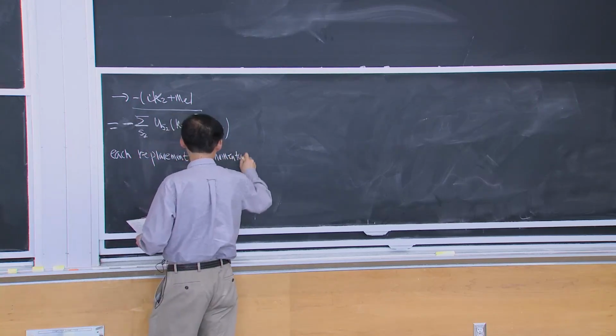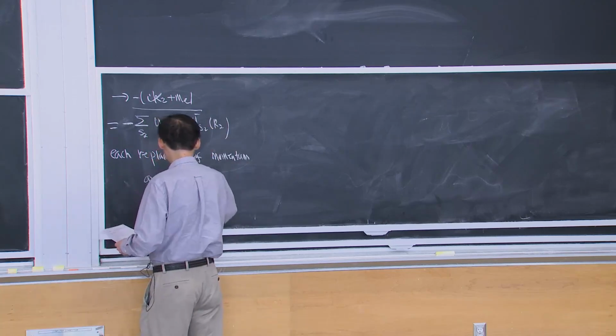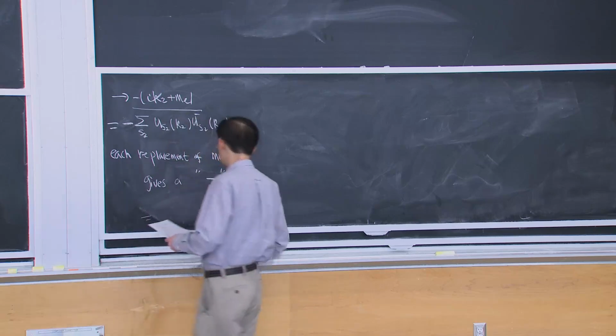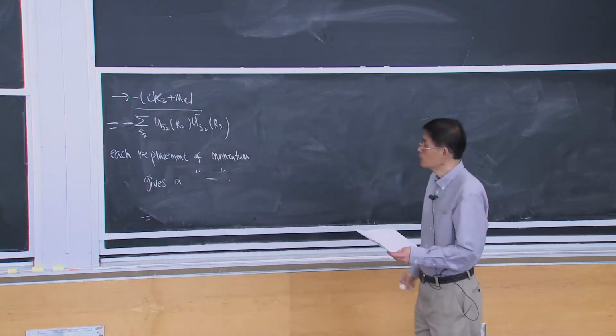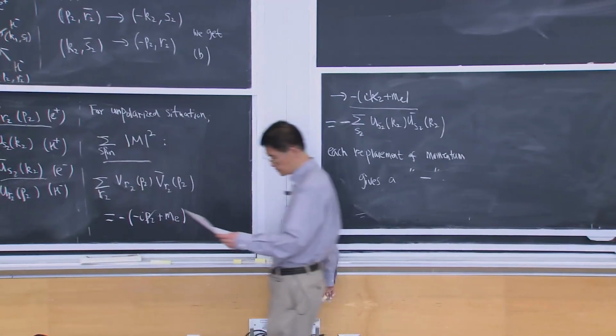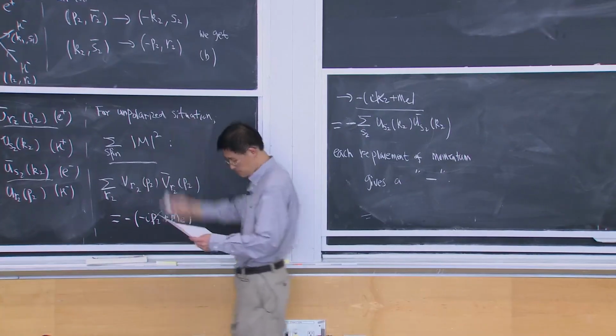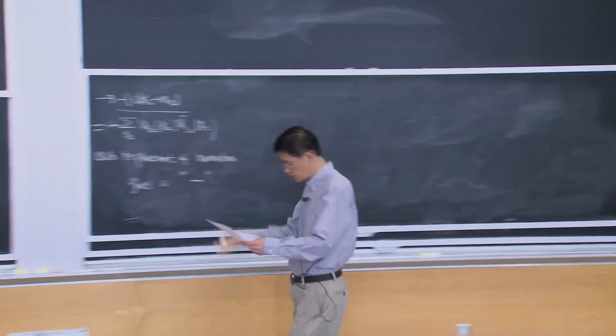So in this case, that just gives us a minus sign. When you calculate this spin sum, m squared. But now since we need to replace two of them, 2 minus signs give a positive sign.